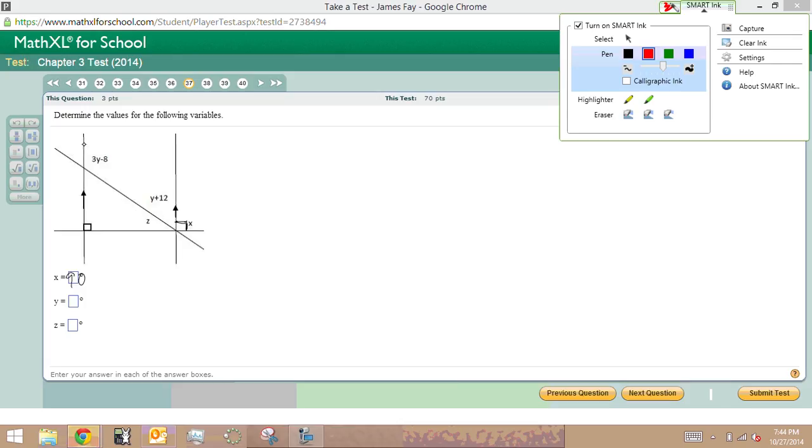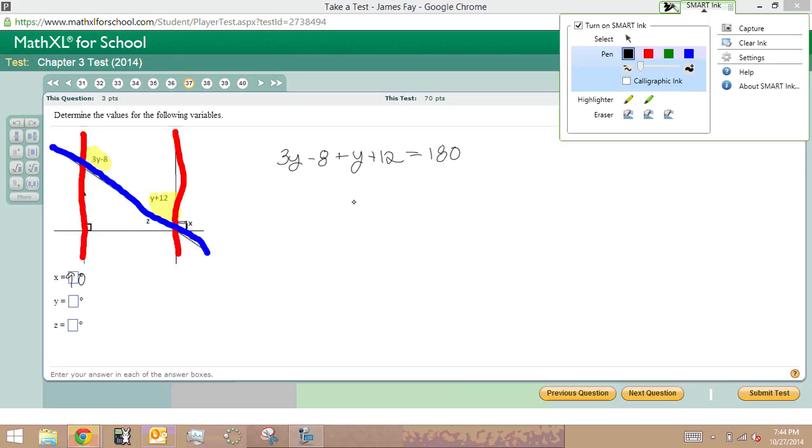Looking at those two parallel lines again, and perhaps a different transversal, maybe we look at that transversal. Now we're looking at this angle here and this angle here being supplementary because they're same-side interior angles. So we'll take 3y minus 8 plus y plus 12 equals 180 degrees.